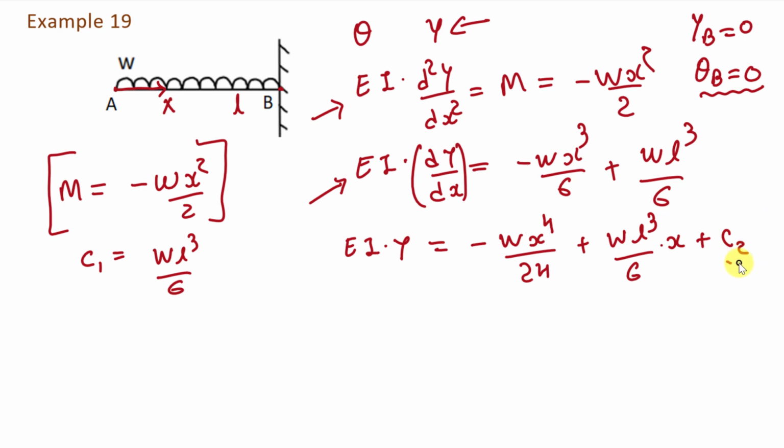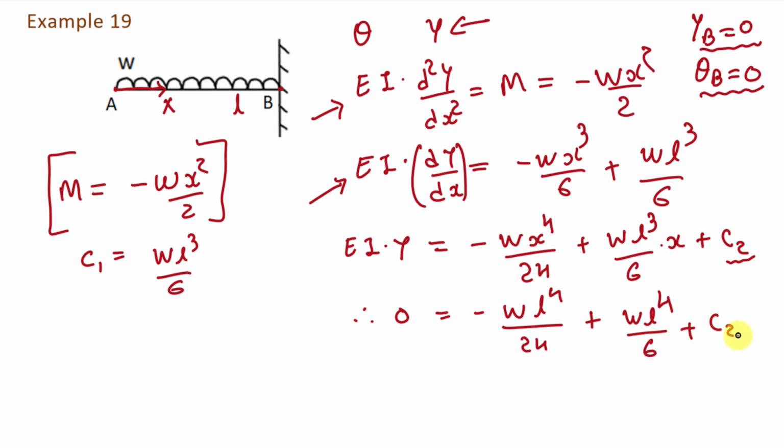Now to find the value of C2 we have to put this boundary condition. At x is equal to L, means at point B, the deflection yB is 0. So we can write that y will be 0 and x is equal to L, plus WL, here there is L³ and there will be L instead of x, so it will be L raised to 4 divided by 6, plus C2.